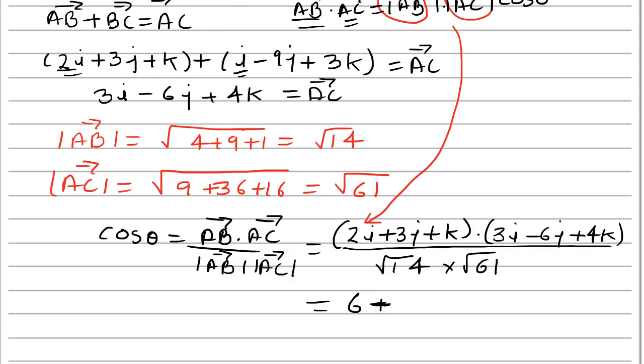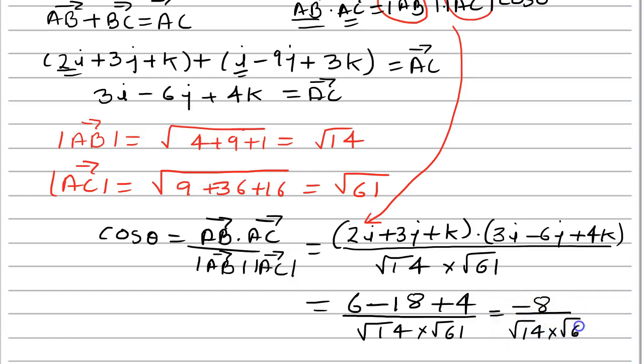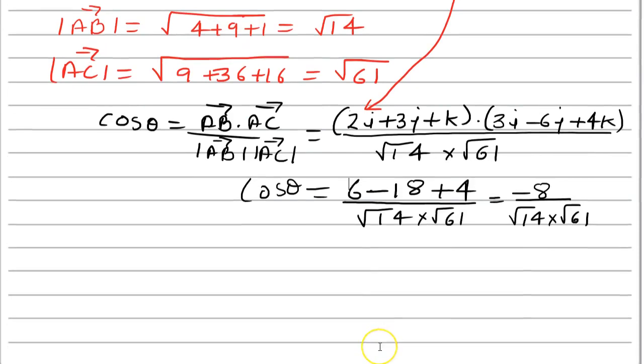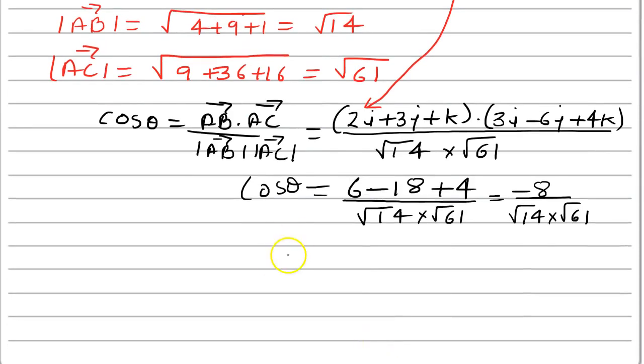Let me rub this so there should not be any confusion. So it will be 6 minus 18, and k times 4k, so it will be plus 4, divided by root 14 and root 61. Put this value in a calculator. So this will give you minus 8 over root 14 and root 61, that is equal to cos theta. So theta we can calculate. Theta will be cos inverse.